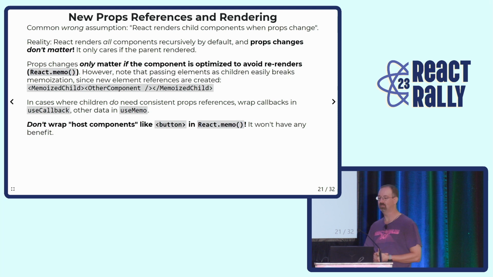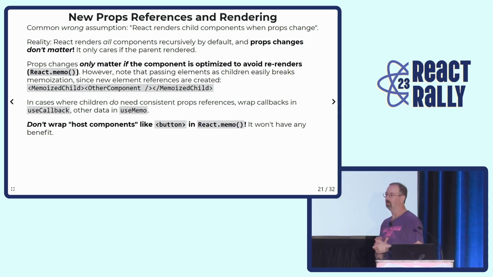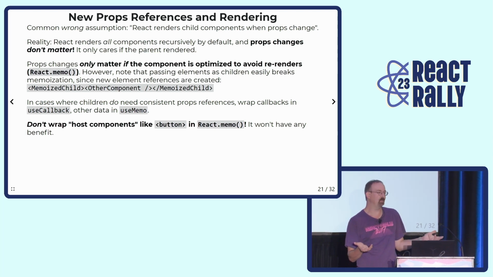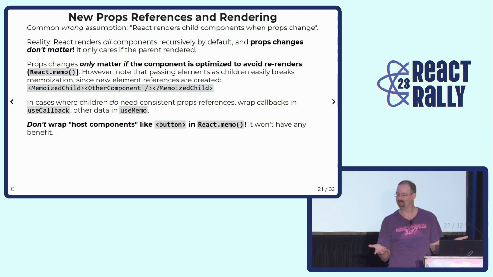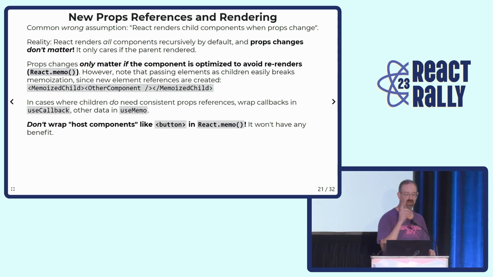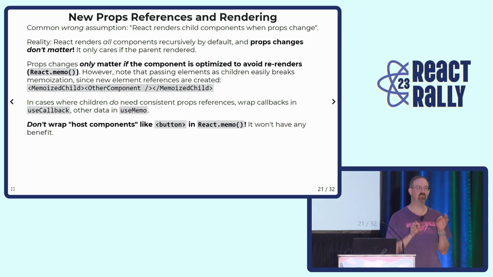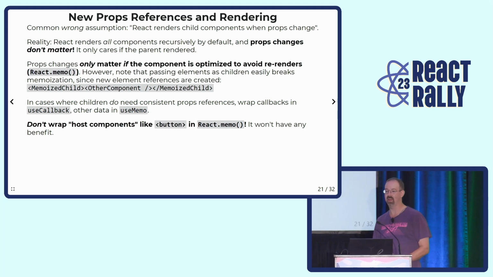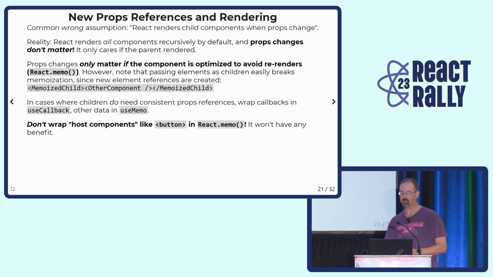Another common mistake I see is people assume that React will only render child components if the props coming from the parent have changed. No, that's not true. Very important point: props changes don't matter by default. React just re-renders everything recursively.